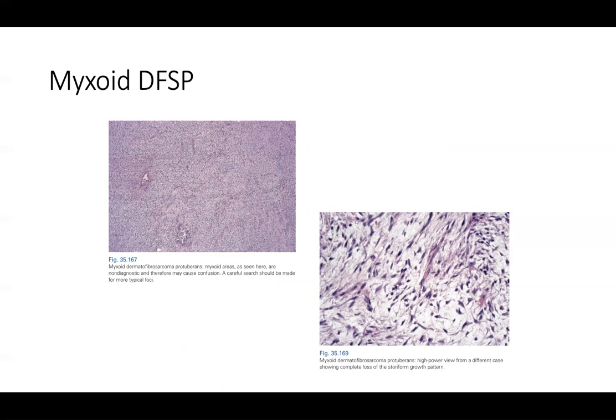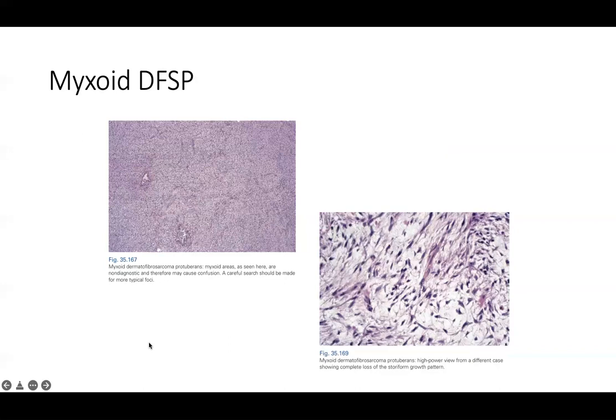And so if you've got a myxoid DFSP, you're going to look for CD34 positivity among that, because it can be pretty difficult. And on the bottom right, you can see a high power view from a different case of myxoid DFSP, even showing a complete loss of storiform growth pattern. So that's tough, and you'd really have to stain for CD34 and show most of those cells are positive.